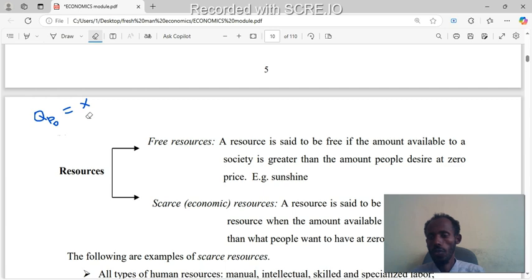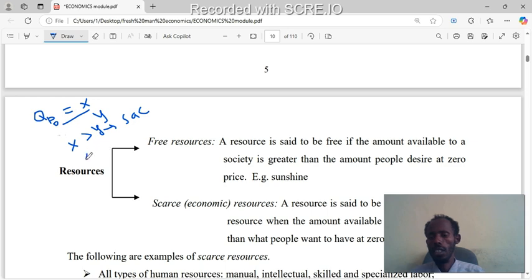If the available resource is Y, and X, the amount people want at zero price, is greater than the available resource Y, then such a resource is scarce.